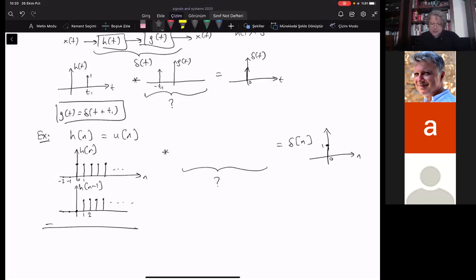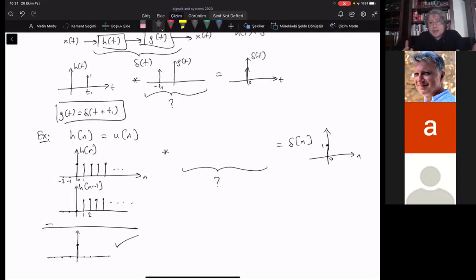If I subtract the second from the first one, what will I get? I will only get an isolated impulse here. To the left of it, it is 0 minus 0. To the right of it, it is 1 minus 1, which are still 0. So to the left and to the right, I will get nothing. So it's a check. So from h of n, I can obtain an impulse by saying h of n minus h of n minus 1.